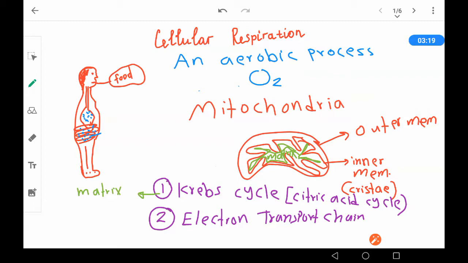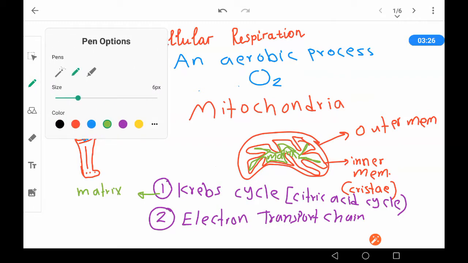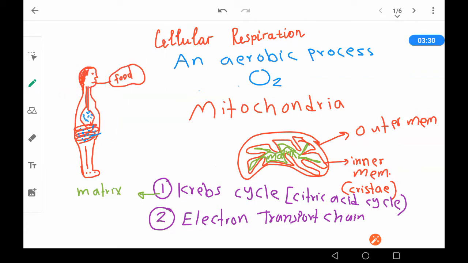So this is the matrix in which the Krebs cycle takes place. While the electron transport chain takes place in the inner membrane of mitochondria, or cristae, as I mentioned here.